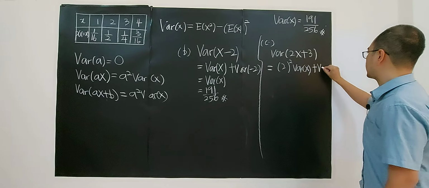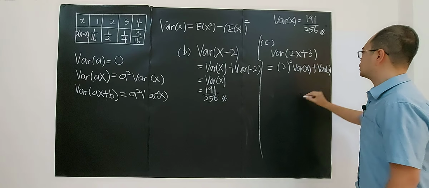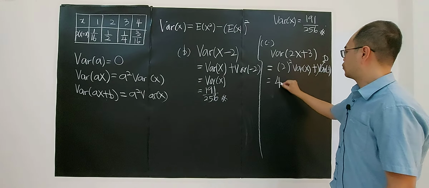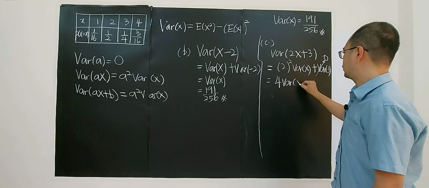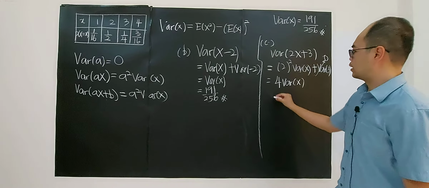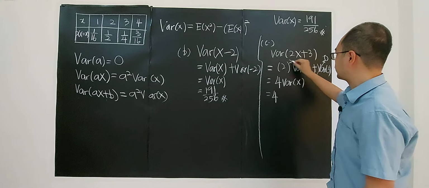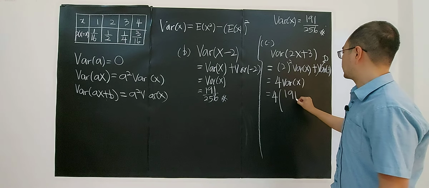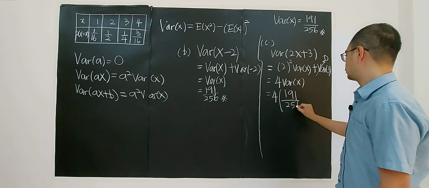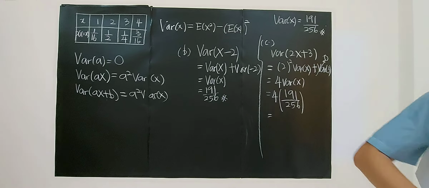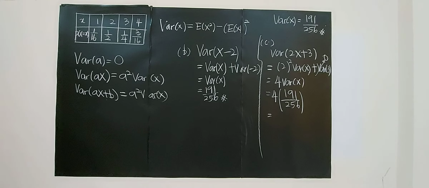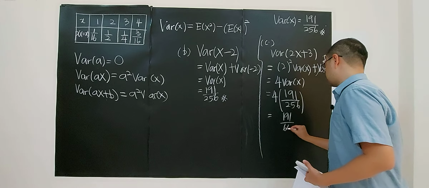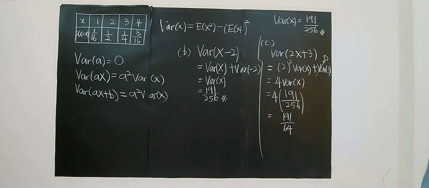So this becomes 4 times the variance of x, 4 times 191 over 256. Let's calculate the value: it will be 191 over 64. Very simple.